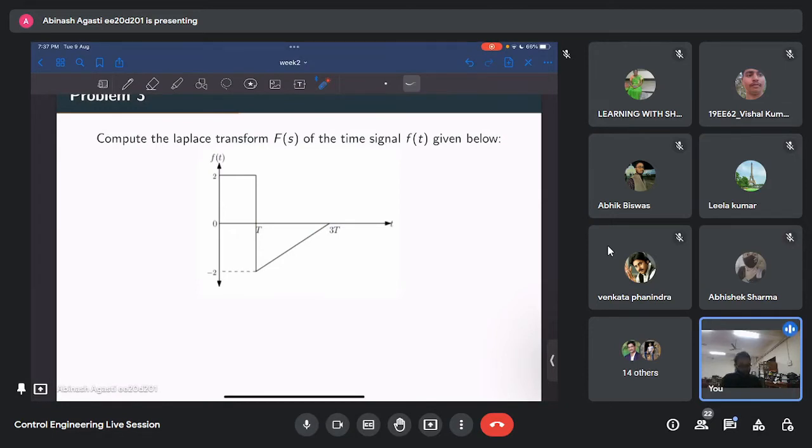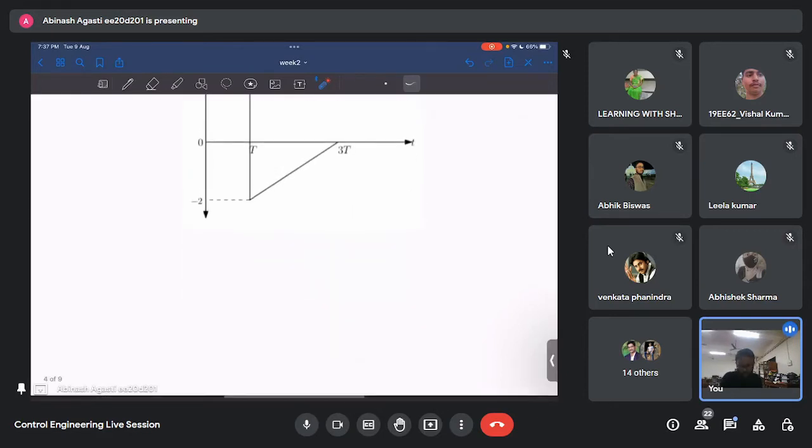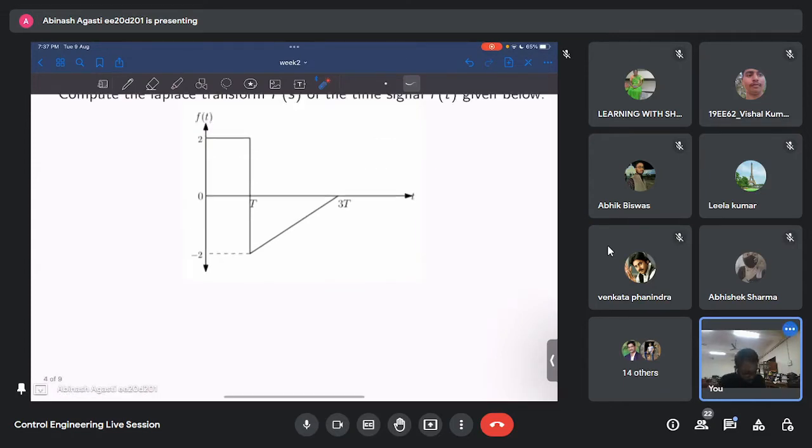So what we want to do is break this function into terms where we can get known components, either step function, impulse function, or some function like linear or t square or something like that. Okay, so we'll see how we can break this function, and using that approach you can break any other complicated function as well. So let's start with this one.